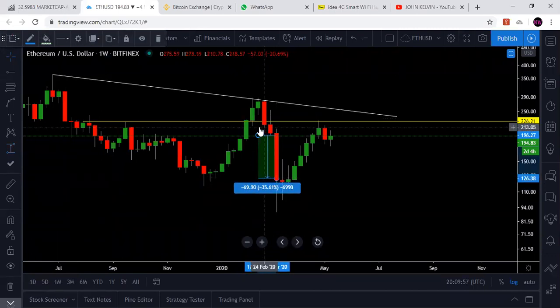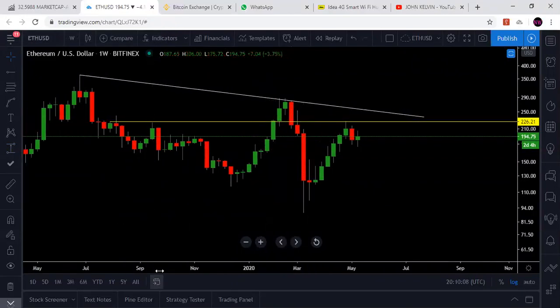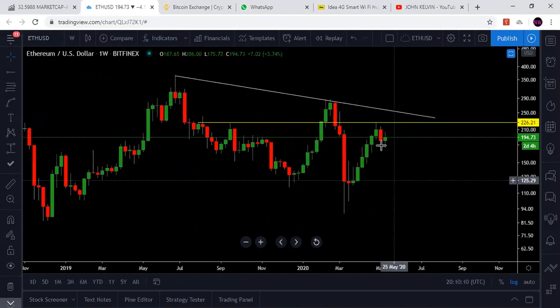So just make sure you look at the bottom of the rejection wick of that engulfing candlestick you are trying to trade. Again, the same thing is happening here.